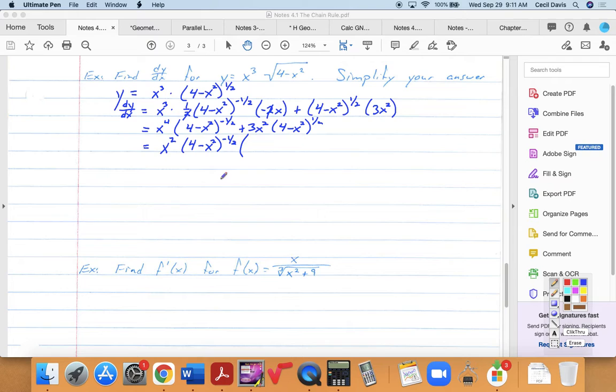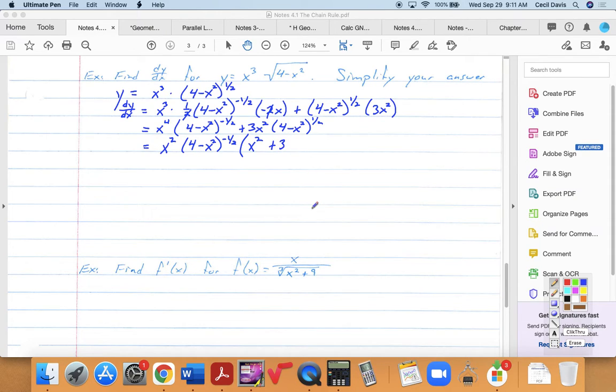When we do that, if we factor all of that out of this first term, from the x to the fourth, factoring out an x squared leaves us with an x squared because we're subtracting the exponents. When we factor out the 4 minus x squared to the negative 1/2, that just leaves 1. So I don't need to bother writing that. Plus, if I factor an x squared out of 3x squared, I get 3.